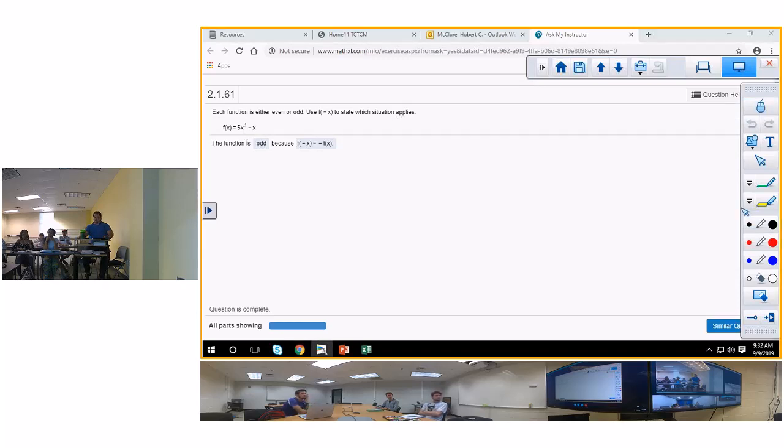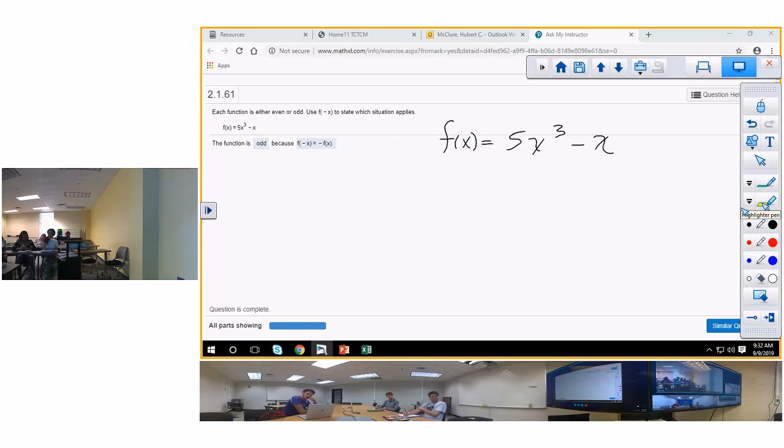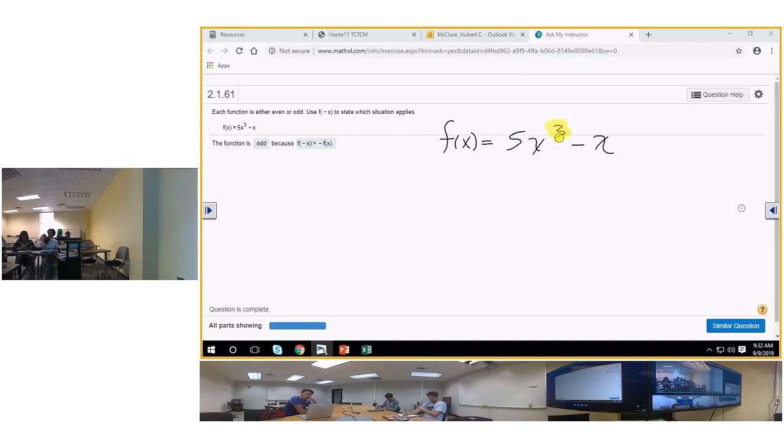Let's take our handy-dandy function, which is 5x to the third minus x. f of x is equal to 5x to the third minus x. Now, let's highlight this. What is that function?